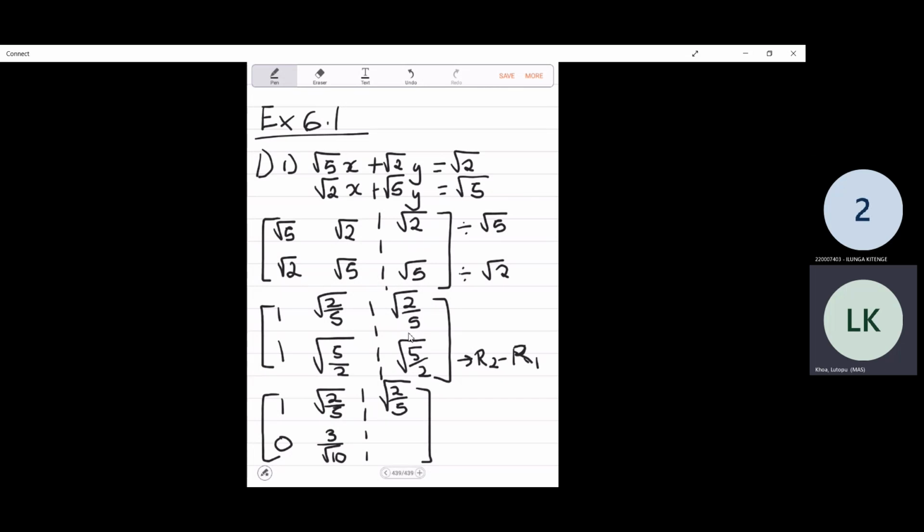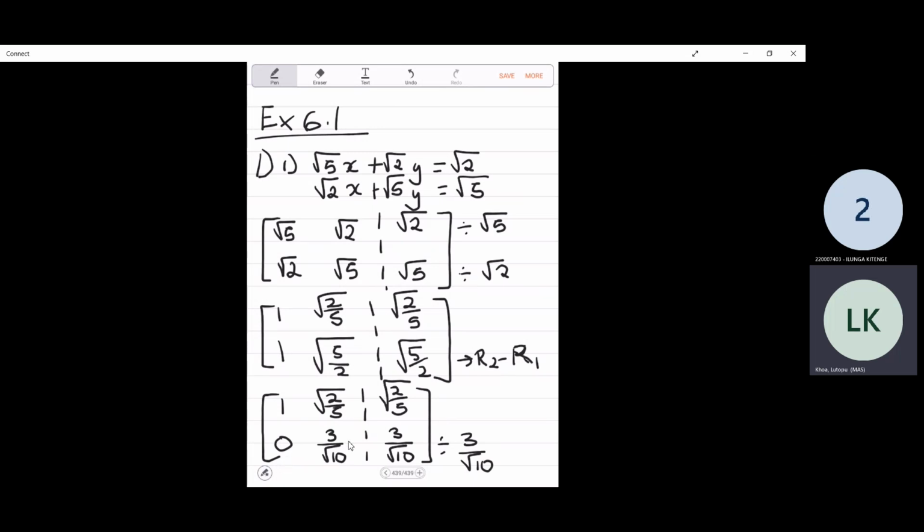And then the same thing over here, square root of 5 over 2 minus square root of 2 over 5, is also 3 over the square root of 10. So with this row, I can divide throughout by 3 over the square root of 10.